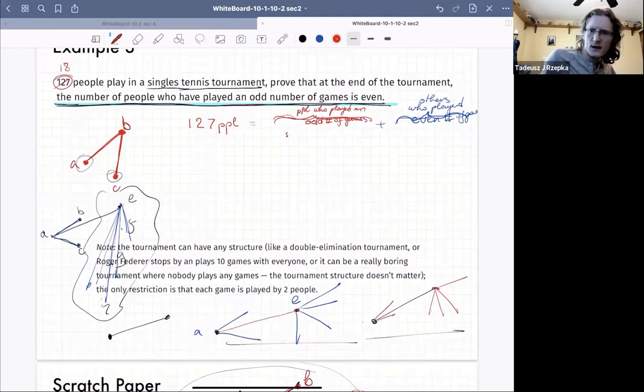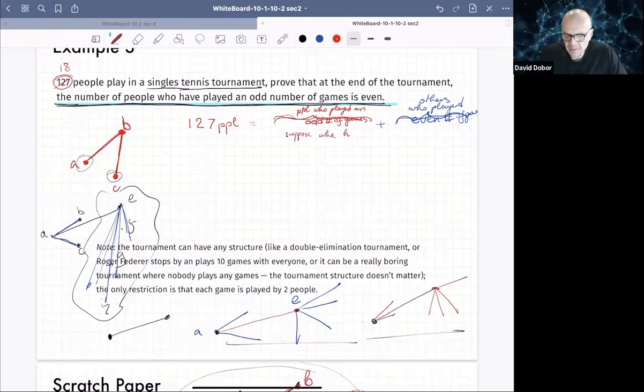So suppose, by way of contradiction, we have an odd number of people here in this set. Does it make sense?